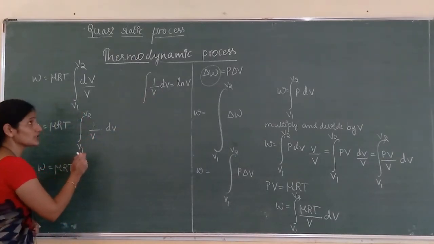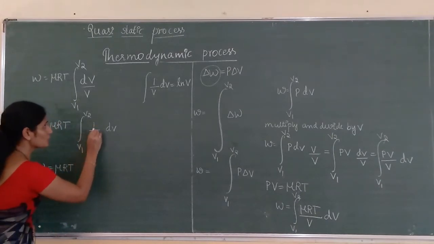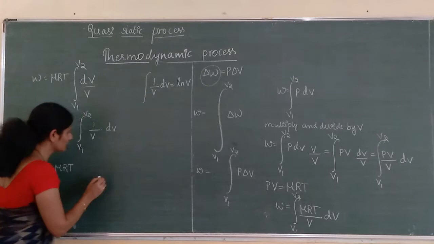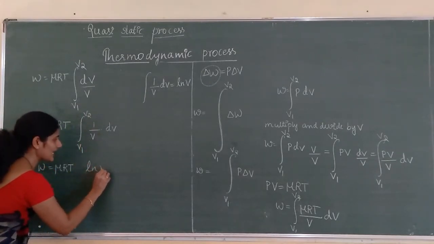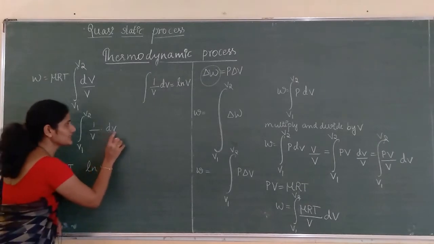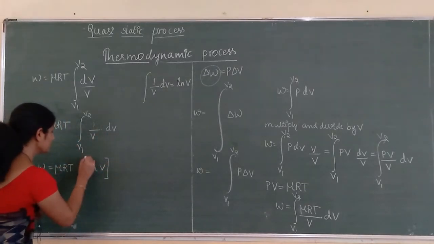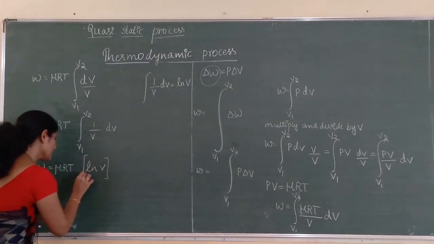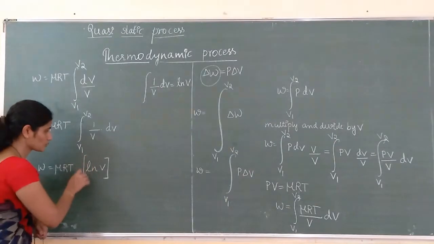Integration of 1 by V is ln V. After this, no need to write the integration symbol. Instead of integration 1 by V, I will write ln V. No need to write dV. So, ln V, and then you have to write one square bracket.